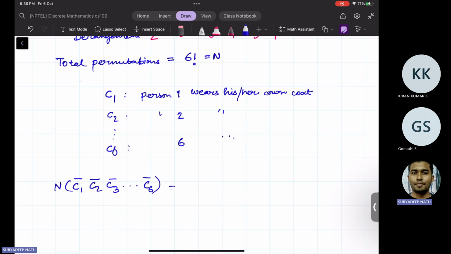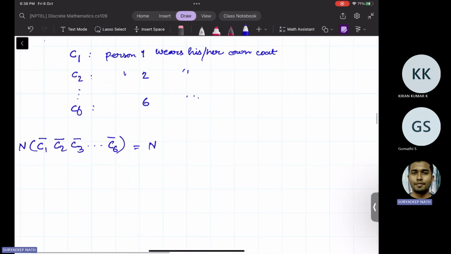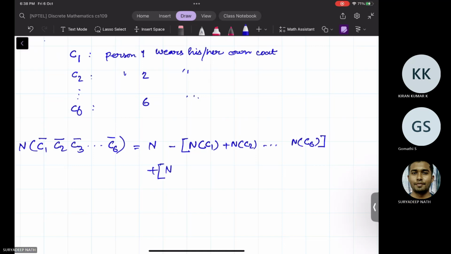So that is again by inclusion exclusion principle. It is n minus the singletons in C1, C2, up to C6, plus the couplets. C1, C2 means that 1 and 2 have worn their coats correctly, but the rest we don't know.